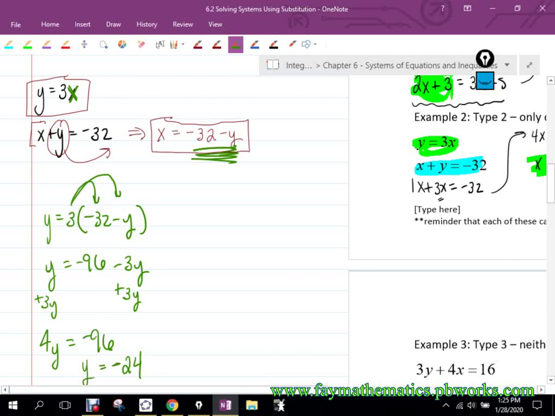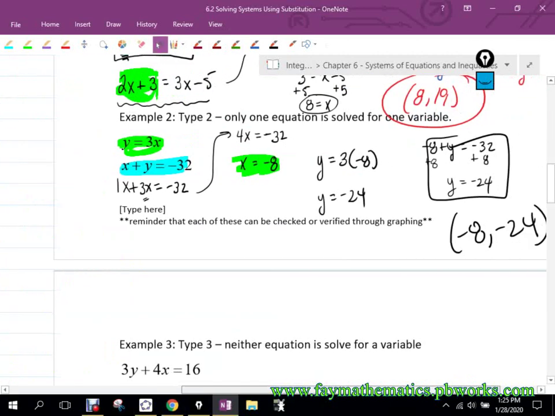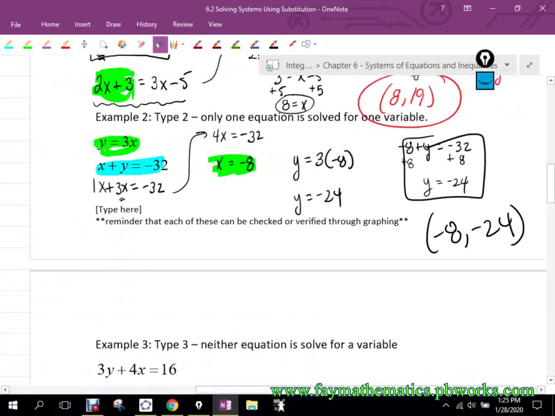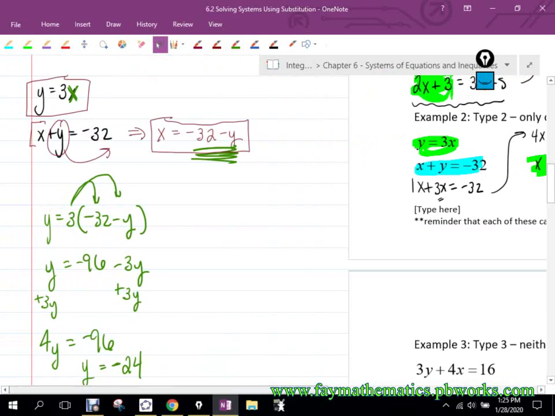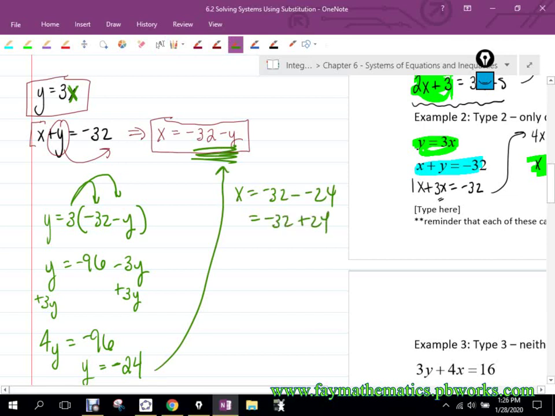Was y negative 24 the first way we did this? Does that make sense? Now if I want to solve for x, can I take that negative 24 and plug it in here and say x is equal to negative 32 minus negative 24. What's minus a negative? You add it. Okay, so negative 32 plus 24? Negative 8, right? Do I still get negative 8 and negative 24 as my x and my y?